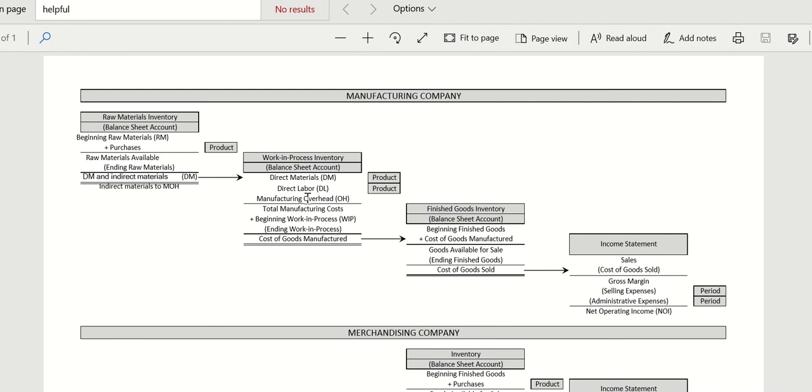Sometimes we have a beginning balance of work in process: products that are still being made and haven't quite been finished from a prior period. If we subtract what is left over, then we would assume that the rest would have been transferred out or finished.